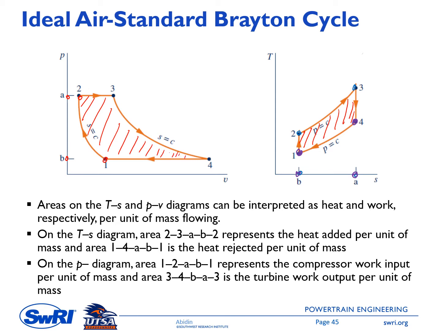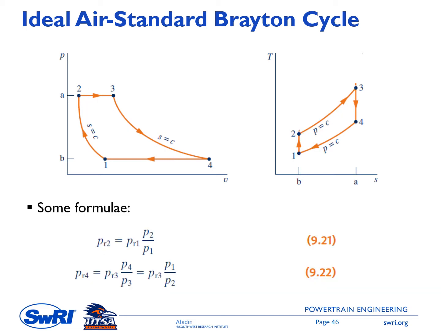Like in the Rankine cycle, our task is either to maximize the net work or to increase the system efficiency. For the analysis, we can use equation 9.21.